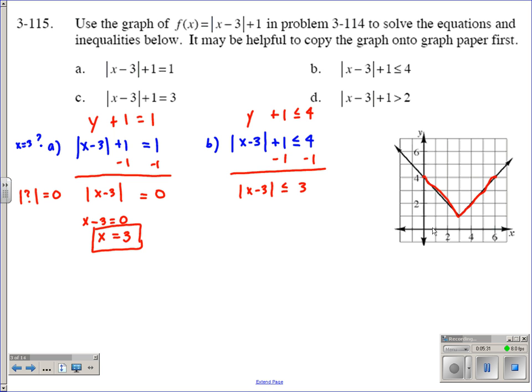And we're looking for the intersection of our values. So we think about our boundary points. We said that we're going to have a boundary point at 0, and we're going to have a boundary point at 6. That's where our endpoints are, and we're representing everything in between.